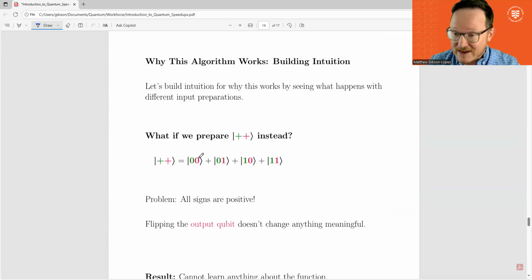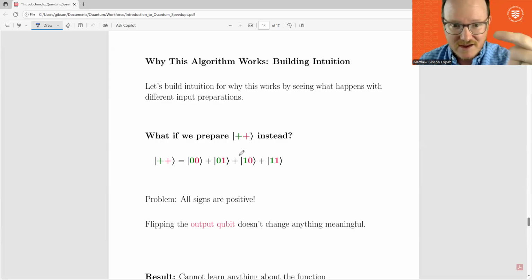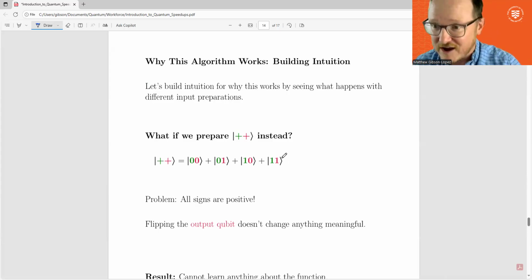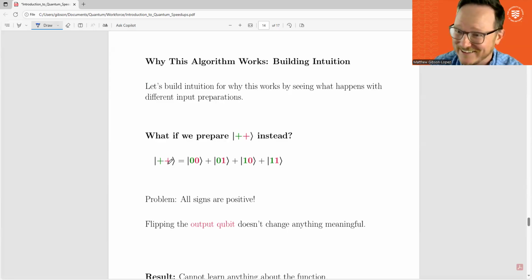Remember, effectively what happens, depending on what the function does, is you're swapping the signs between the two states. Either these two things' signs are going to flip or they're not, and here they're either going to flip or they're not. But the problem is all the signs are plus one in this state. If you prepare the state plus plus, all the signs are plus one.